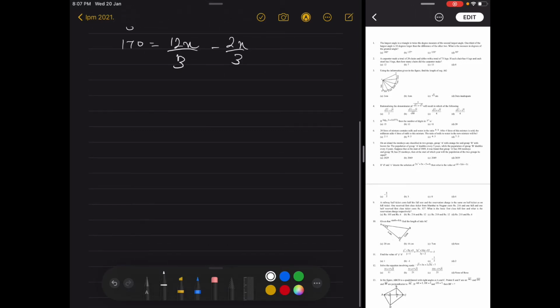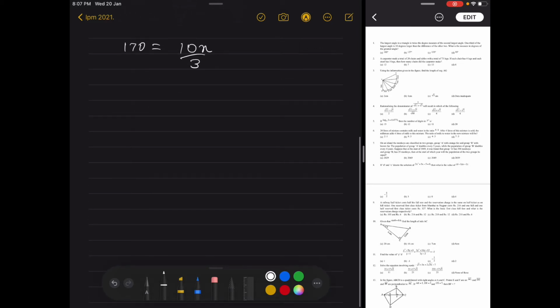Okay, so 170 would be equal to 10x by 3. So now x would be equal to 170 into 3 by 10. Cancelling it out, 3 into 17 would give us 3 7s are 21, 3 1s are 3, which equals 51.